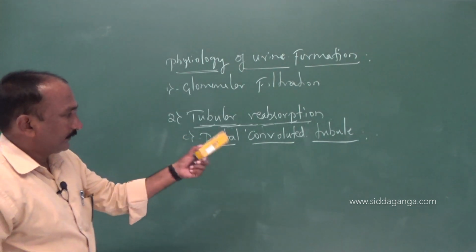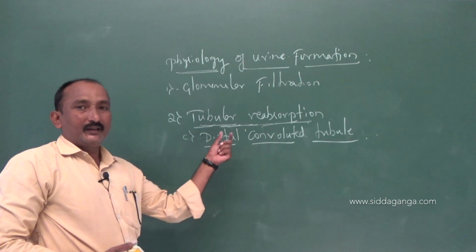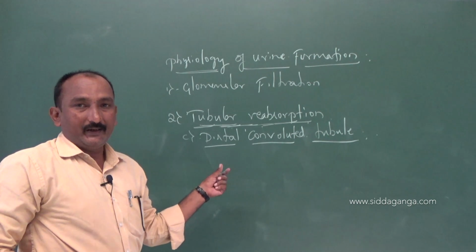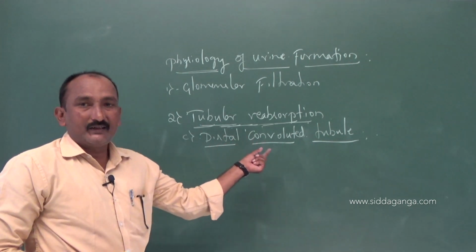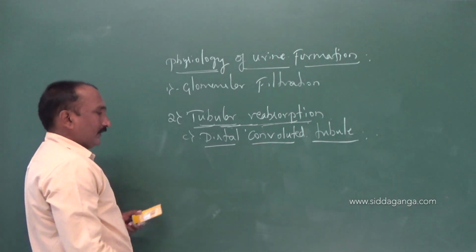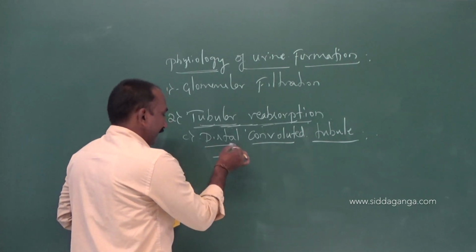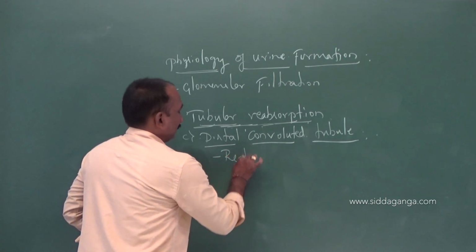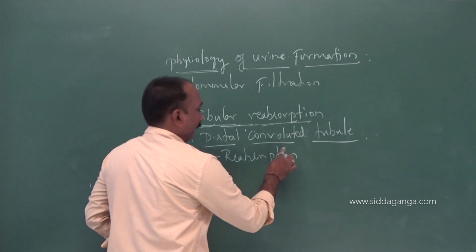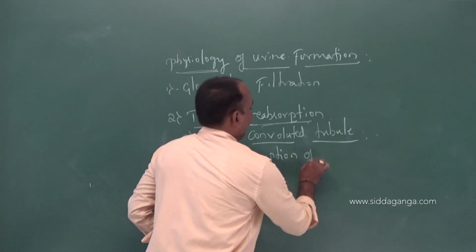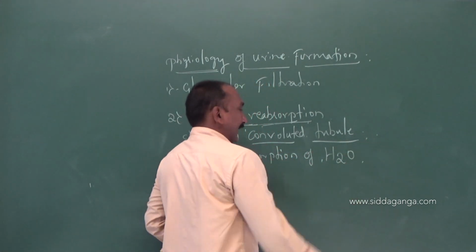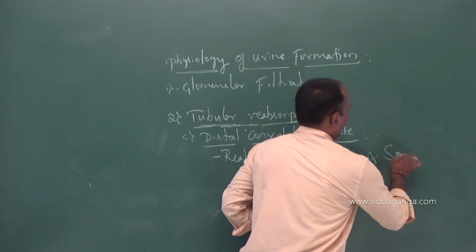So, the distal convoluted tubule is also involved in tubular reabsorption. What are the essential molecules reabsorbed with the help of the distal convoluted tubule? Let us go through that. The distal convoluted tubule is mainly involved in the reabsorption of water as well as sodium ions.